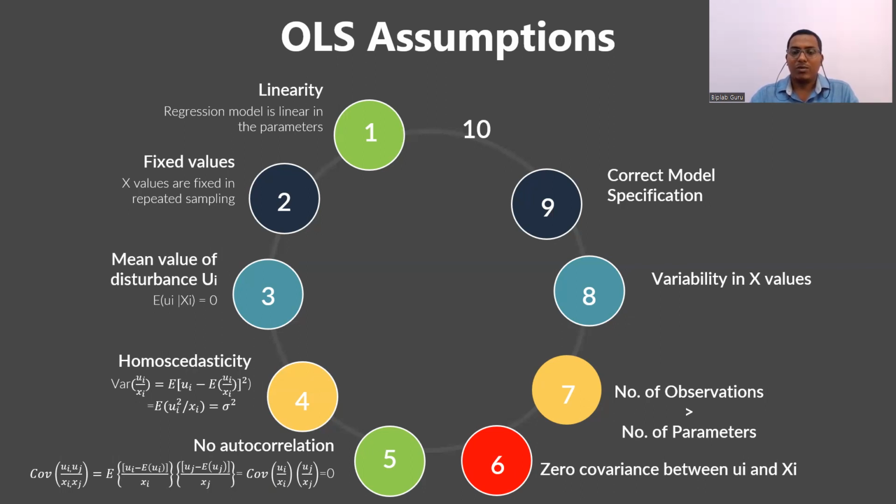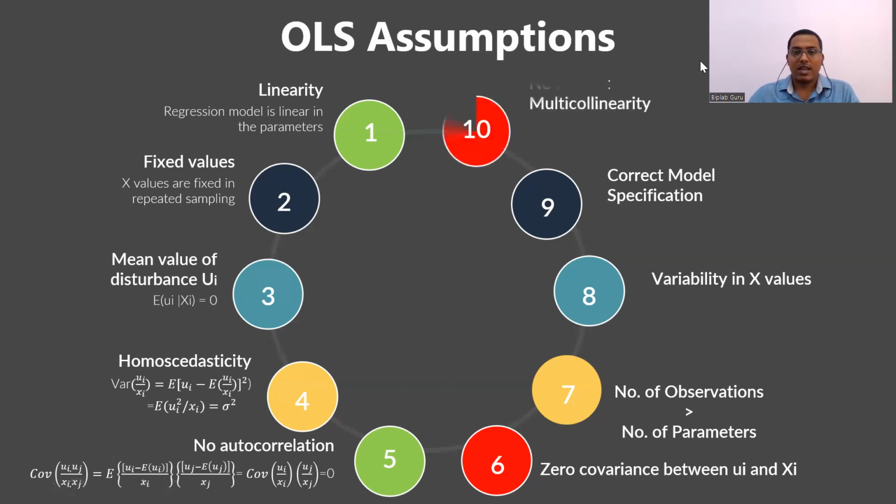So we have to consider what sort of relationship the variables have between themselves, and form the model accordingly. This is another important assumption, where we will study the repercussions if a model is incorrectly specified.